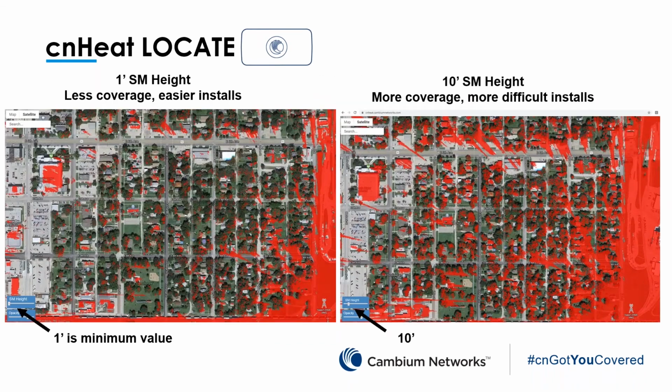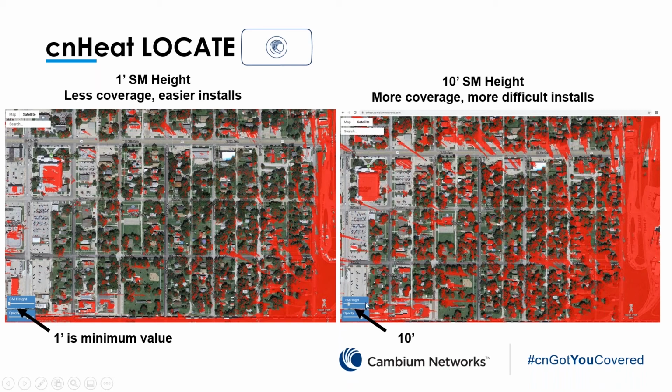Just as an example of what that would be, if the slider was at 1 foot, you wouldn't have too much coverage, but you'd see exactly who you could cover, and these would be the places where maybe you would install on the roof of the building. Here, where the slider is at 10 feet, you probably aren't going to install on the buildings anymore, but now you start to show more coverage on the ground, and it allows you to figure out how to install off of the ground.